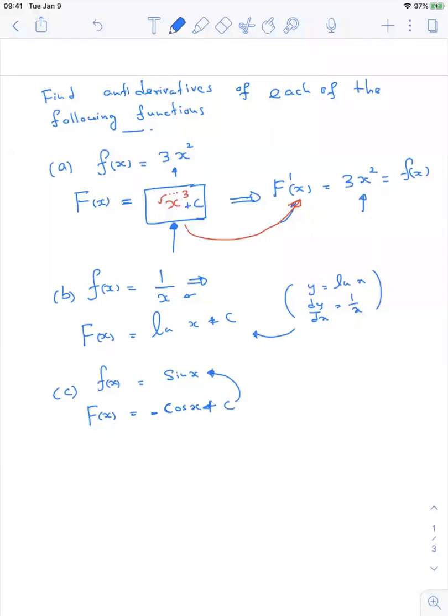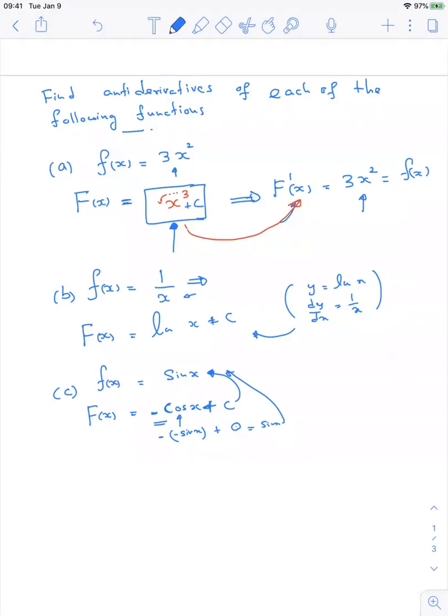What you know is, when you differentiate cos x, you get minus sin x, and then you have a minus sign here, and once you differentiate the constant, you get 0. So minus times minus gives plus, and the answer will be sin x, which is what you have here. So your answer is exactly correct. That's what you have to do to find an antiderivative.